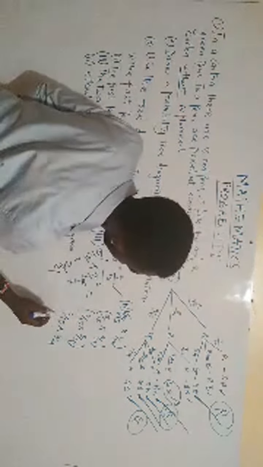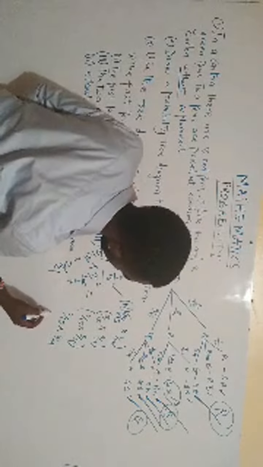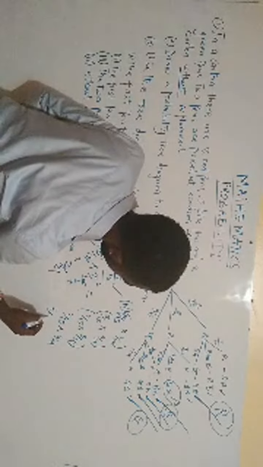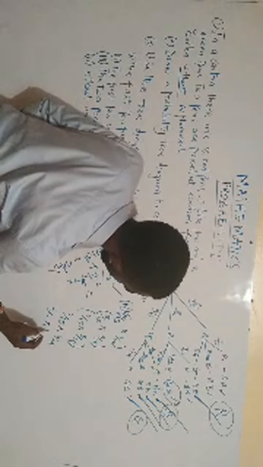Then second last, we have 2 out of 15 multiplied by 5 out of 14. Then finally, I hope you can see this part. The last one is 2 out of 15 multiplied by 1 out of 14. I hope we are able to see that from your end. Okay, it is quite clear.